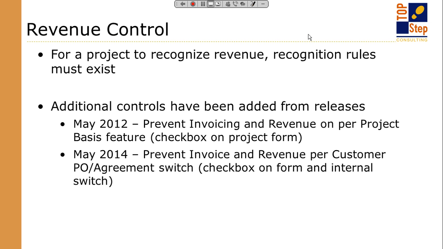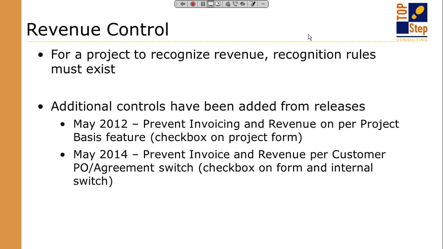And really the reason for that is, if you know a PO is coming but you haven't gotten the PO issued yet, you set up a temporary customer PO. Maybe you even call it something like "need PO." That way you have something to set up against the project. You have something to put into the rules so that when the PO gets issued by the customer, you simply go and rename that temporary PO to the actual PO number with the amount in it.